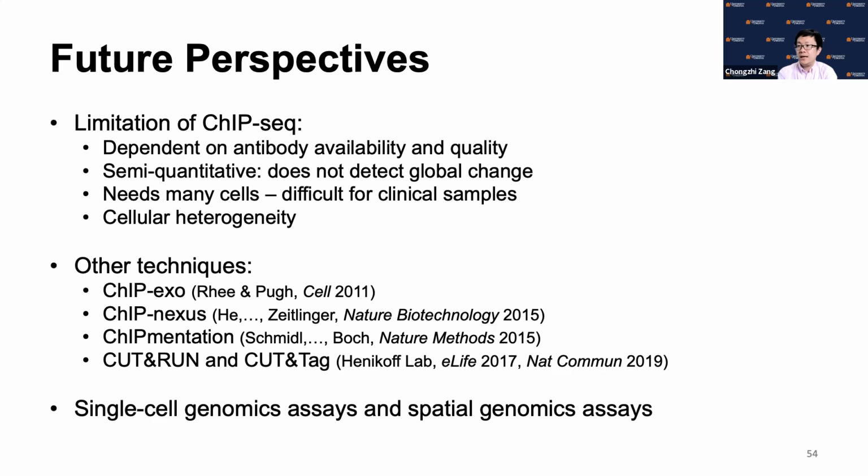And the second point, well, I will only say ChIP-seq is a semi-quantitative approach. It's not completely quantitative. One reason is that the experimental protocol is fairly complicated, and it's very difficult to make precise quantitative control on every single step.